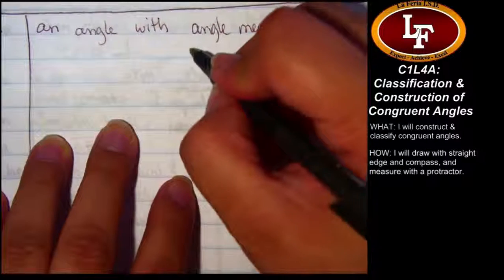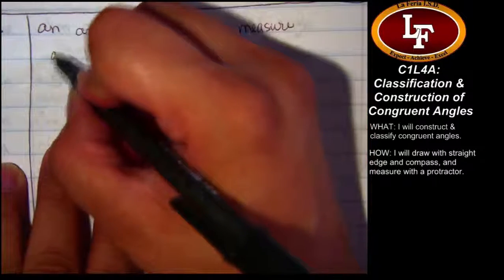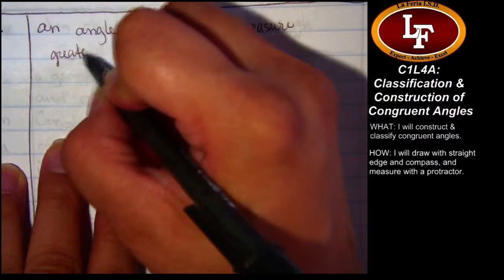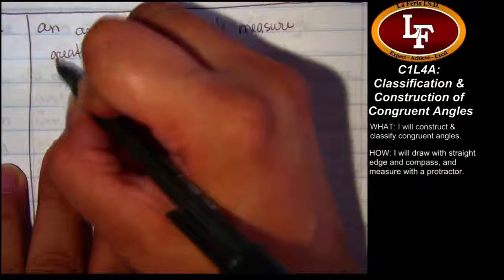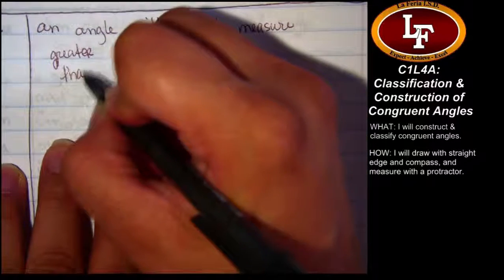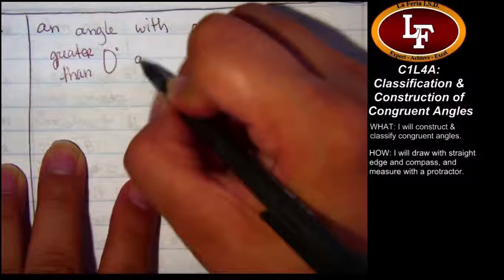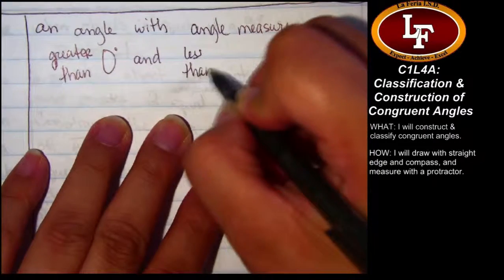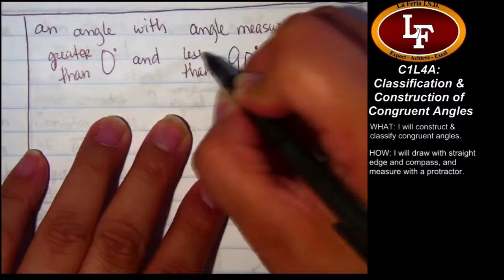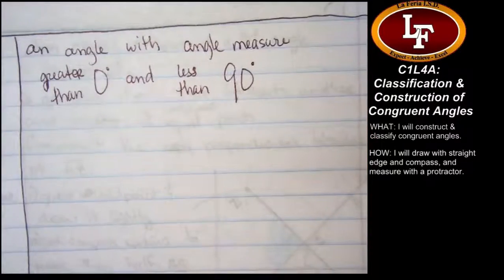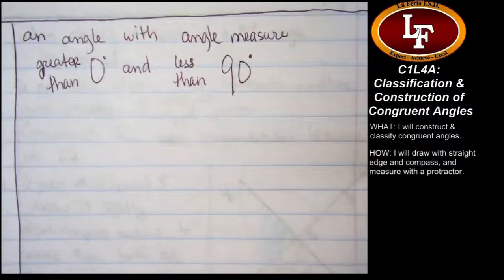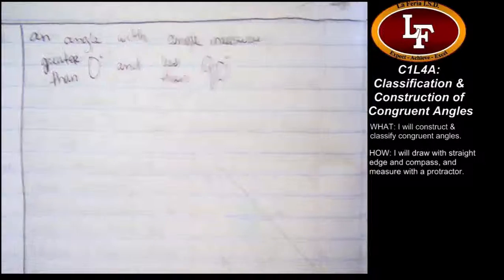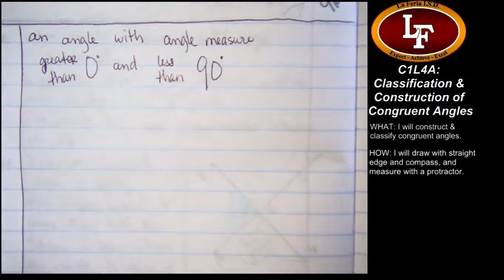Now, you had said that it was less than 90, but is it greater than anything? Bigger than 0. Yeah, it has to be bigger than 0. And it has to be less than 90. So we can start talking about angles that have measures somewhere in that range.